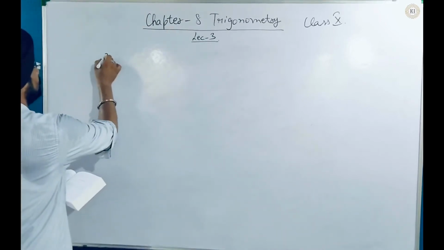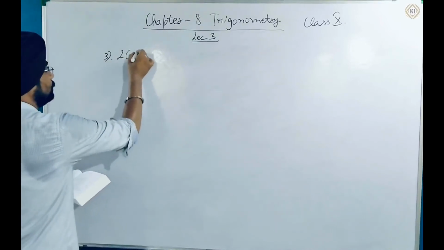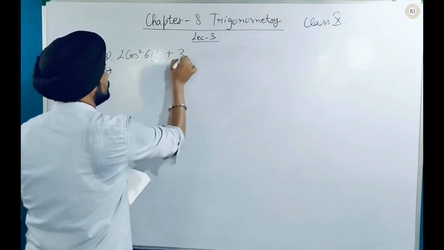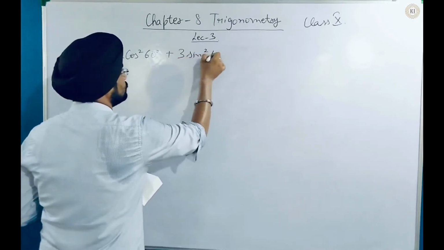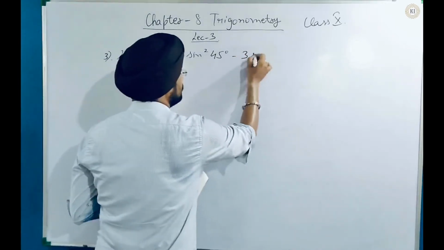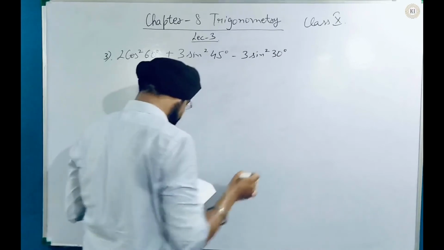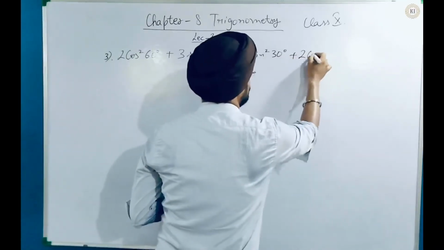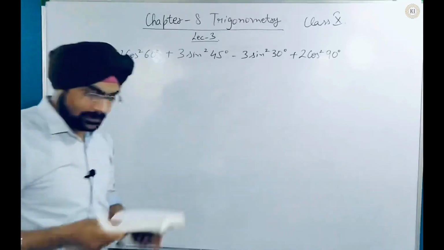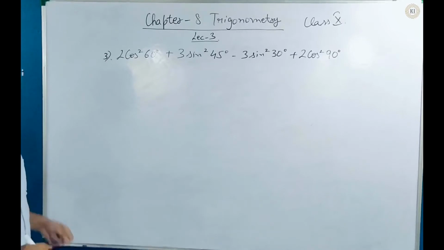Question number 3rd is given as 2 cos square 60 degree plus 3 sine square 45 degree minus 3 sine square 30 degree plus 2 cos square 90 degree. Now we have to take out the value, so again we will put the values here one by one.